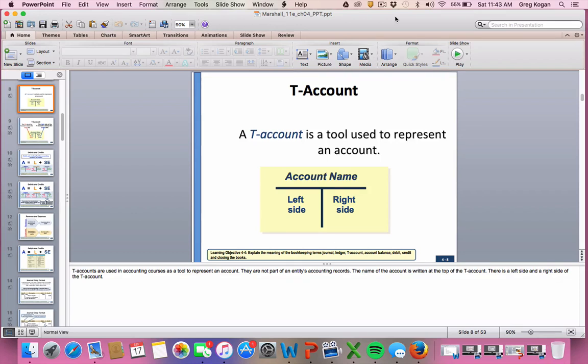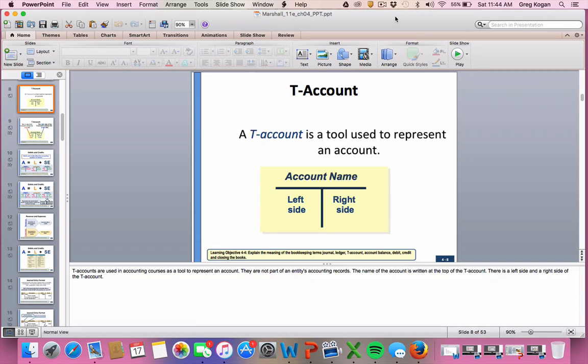So a T account, which is how we learn this stuff, has a left side and a right side. With these T accounts, say it's cash, and we keep track of what's the debit and what's the credit. You're doing sales, paying bills, you borrowed money, you paid some bills, you collected on invoices.